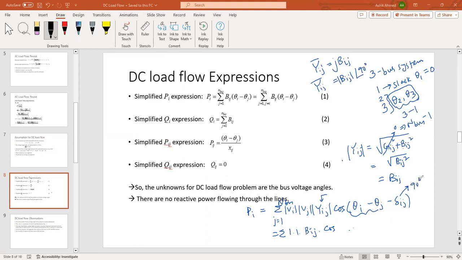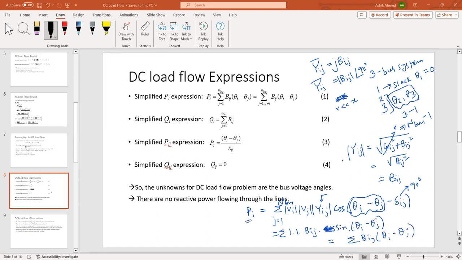This is 90 degrees because r is very, very much less than x of the line. So cosine of theta angle minus 90 will make it sine of theta i minus theta j. So finally we have this Bij sine of theta i minus theta j.